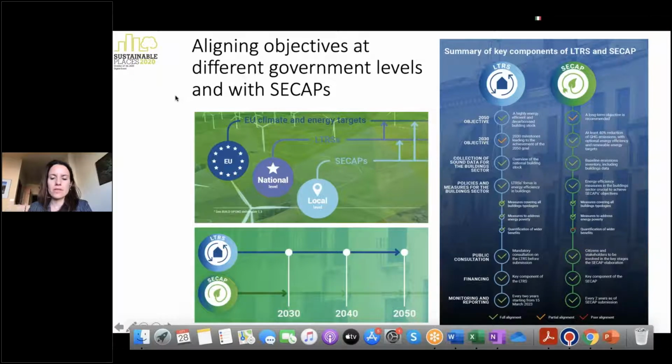And the monitoring activity can actually be run in parallel, as both initiatives require a 2 years monitoring of indicators and of impacts of the initiative. Therefore, in our view, there is some way to align the objectives that are already placed by the cities at the local scale within the framework of the long-term renovation strategies for the renovation of the building sector.